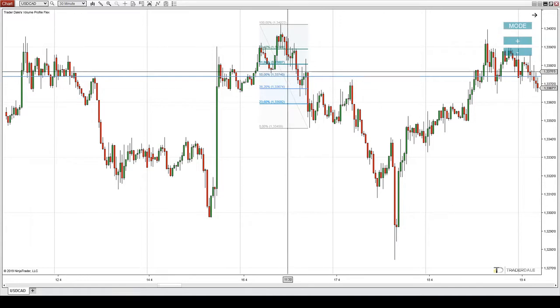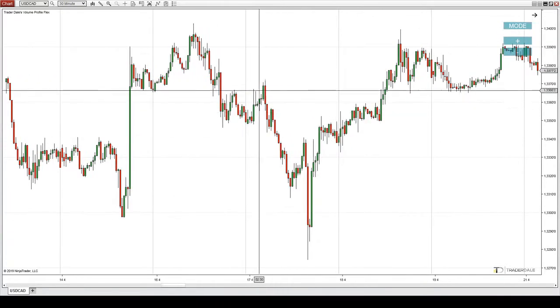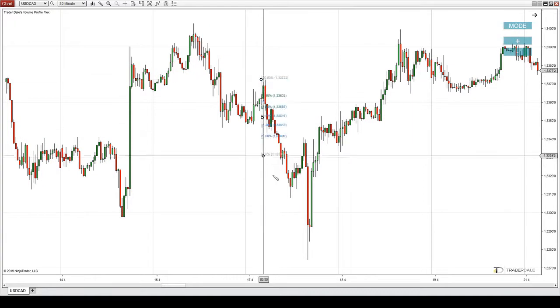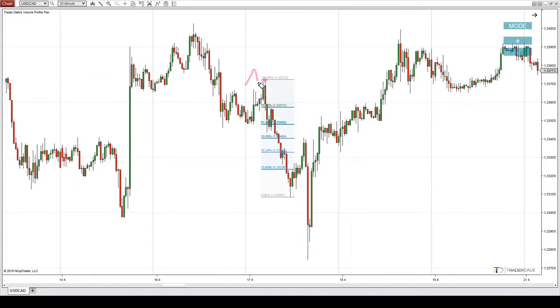All right. Now let's have a look at here. Point A, point B, significant swing points. Now here is the 50% mark. The price touches it, so it is a valid setup.